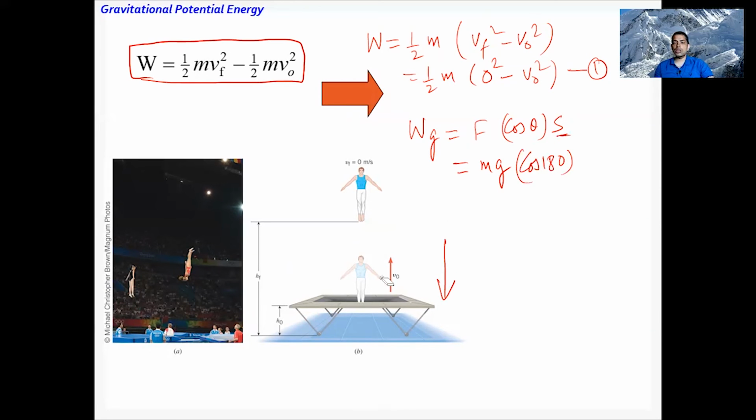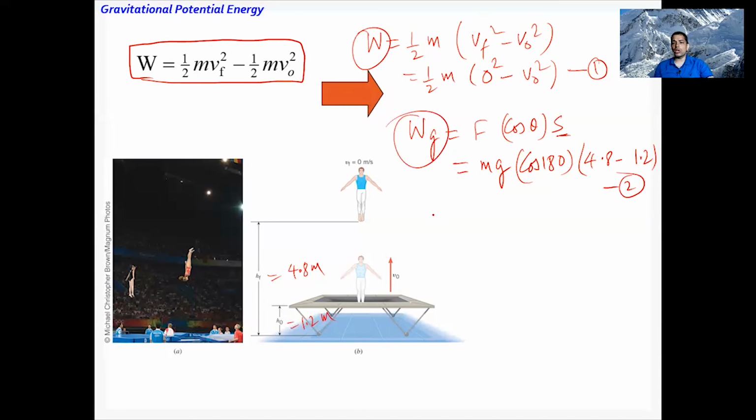S is going from here to here, so S is positive, right? So how much is the S? S is hf, 4.8 meters, minus h0, 1.2 meters. So 4.8 minus 1.2 meters.